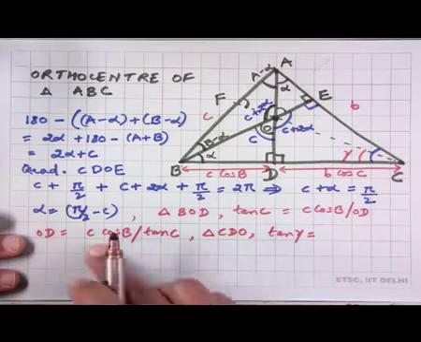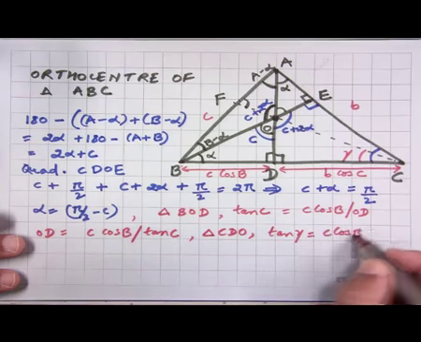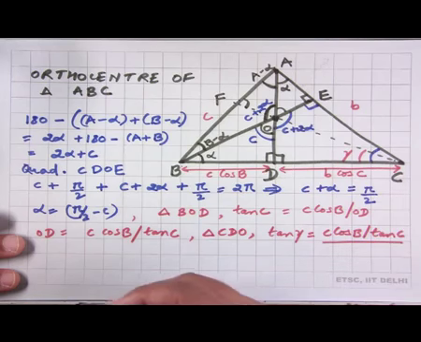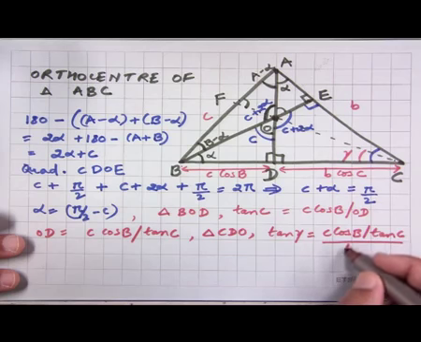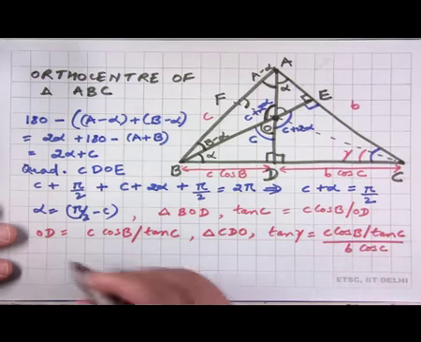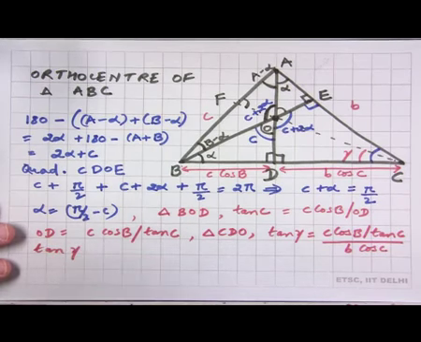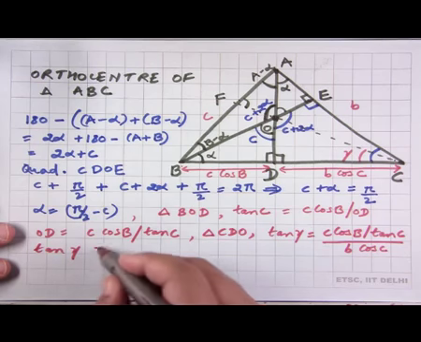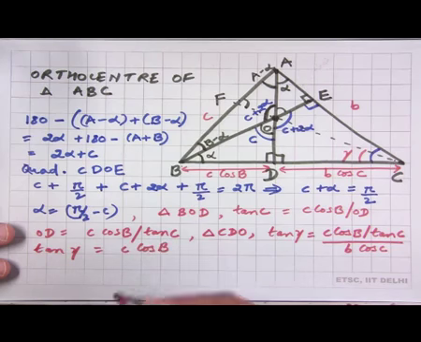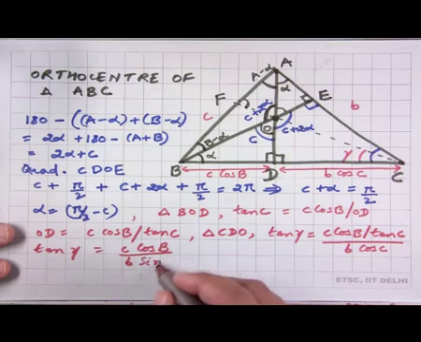And OD is equal to this, it is essentially C cos B, divided by CD, which is B cos C, and a little simplification gives us that tan of gamma equals C cos B over B sin C.